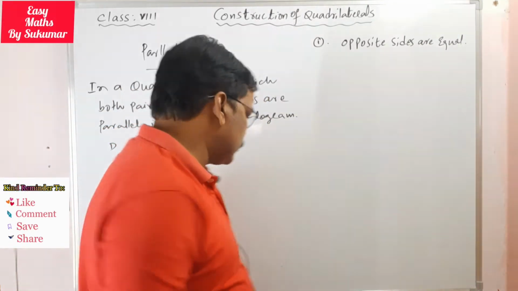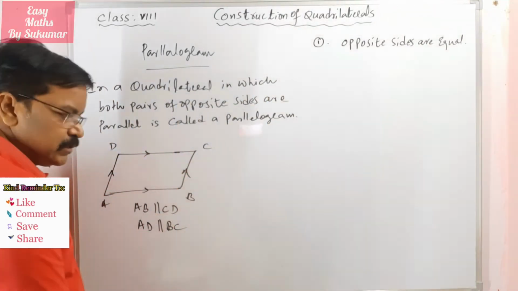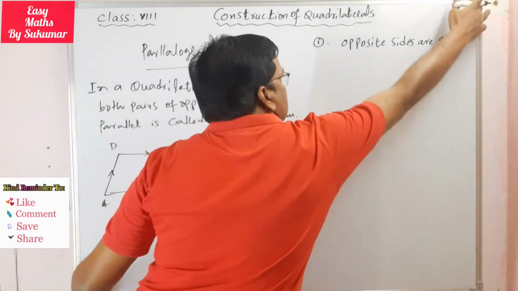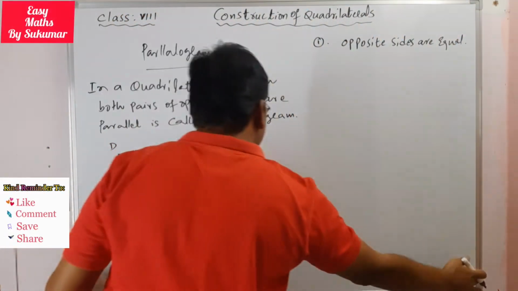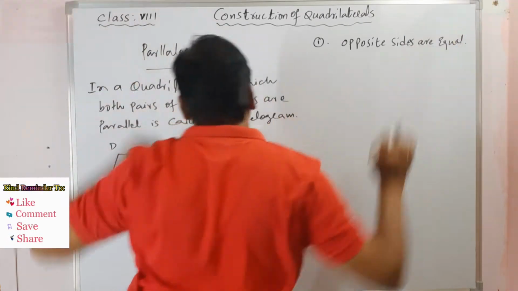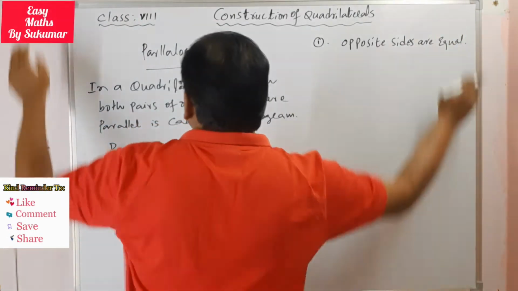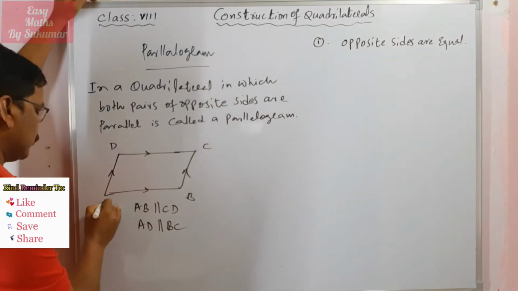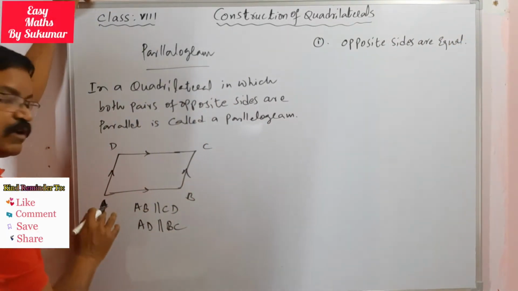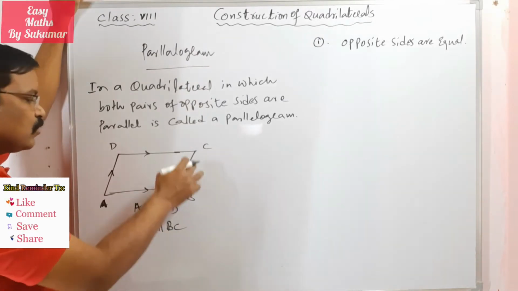Opposite sides are equal. Here, in this ABCD, AB and DC are equal. On this whiteboard, AB and DC are equal. Here also, my dear students, I have drawn a parallelogram ABCD.